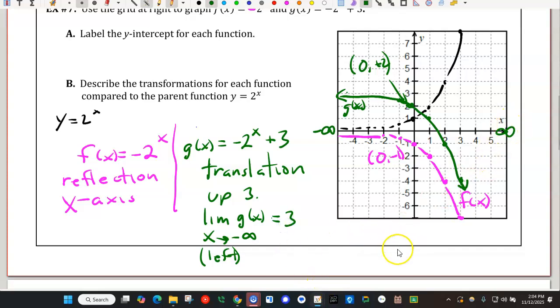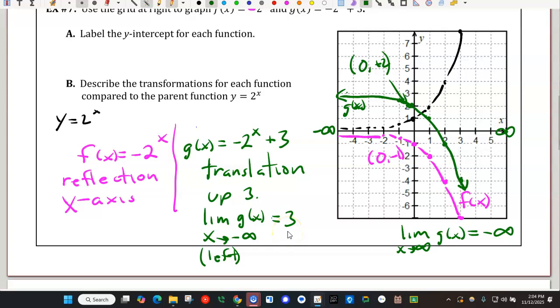And then same thing over here. What is the limit as x goes to positive infinity? That just means as we go right on the graph. What are the y values doing? They're going down, down, down forever, negative infinity. And then if we do a reflection across the y-axis, these would switch.